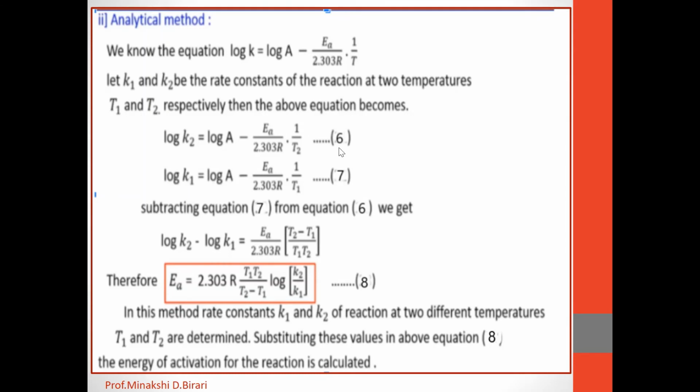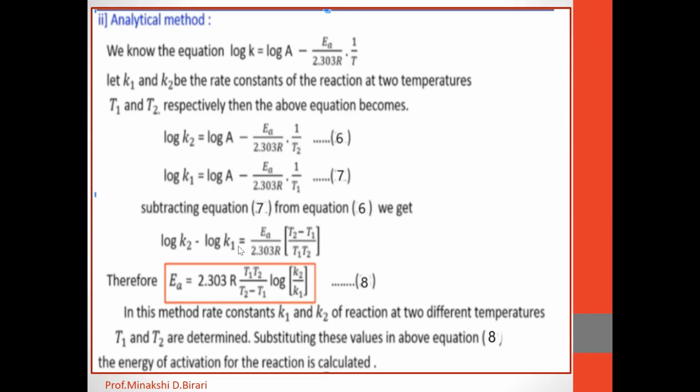Then subtracting equation number 7 from equation 6, we get log K2 minus log K1 is equal to EA upon 2.303 R, in bracket, T2 minus T1 divided by T1 into T2.